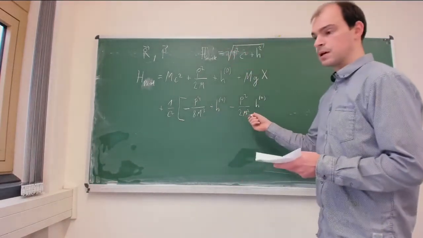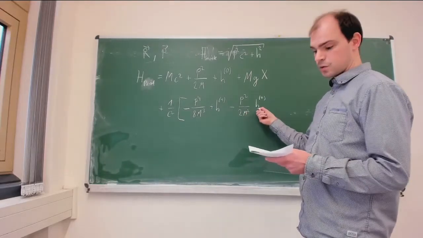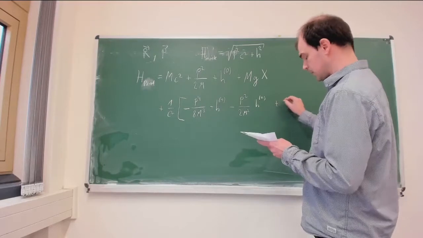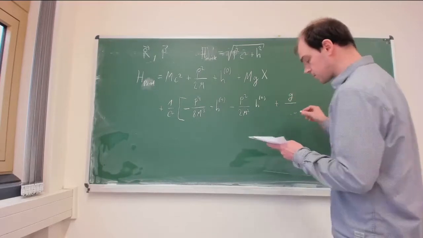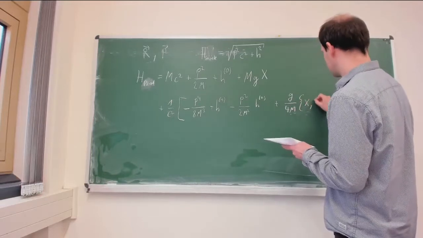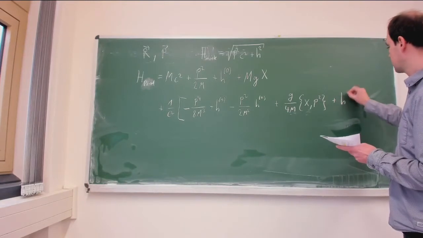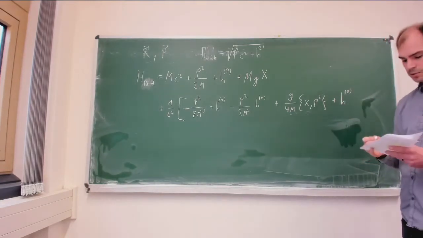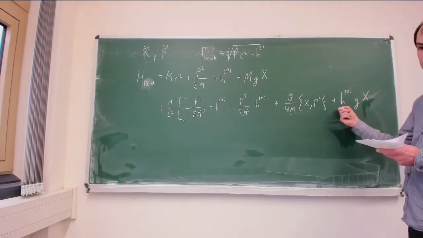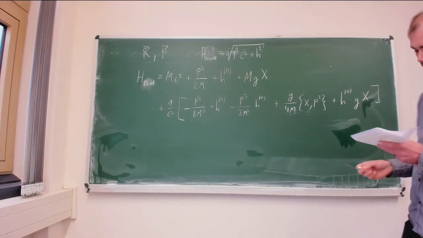So it's a term that couples the kinetic energy of the center of mass to the internal energy. Then we find a term that we didn't previously find, which is an anticommutator of x and p squared. And we find the term that we attributed to the gravitational time dilation, so a coupling of the internal Hamiltonian and the center of mass position.